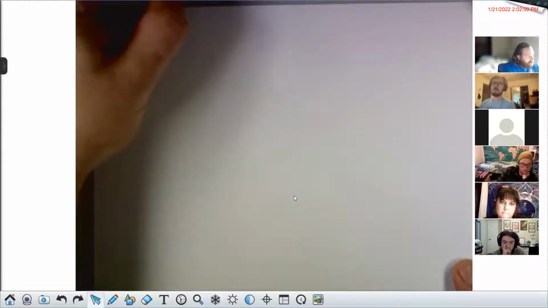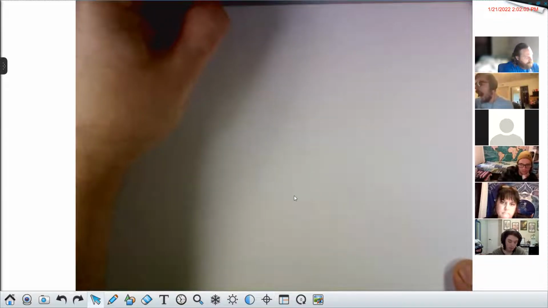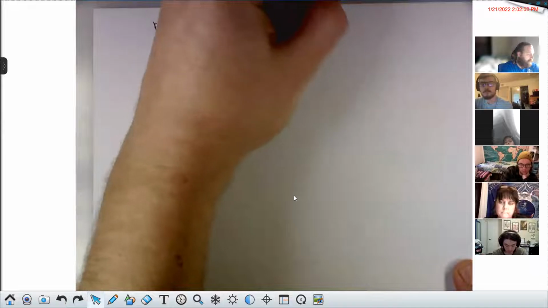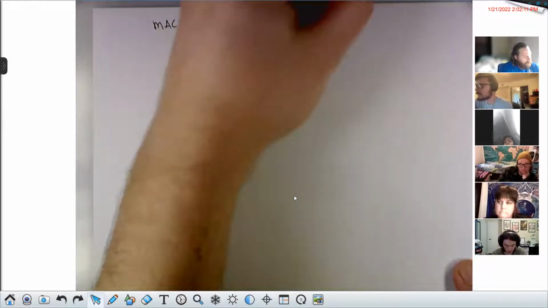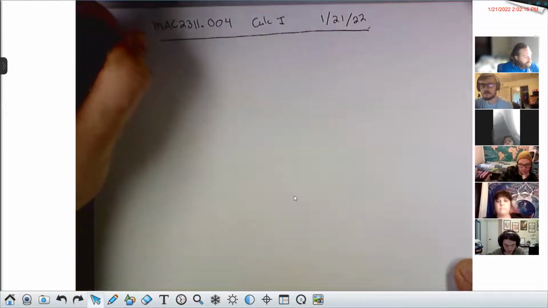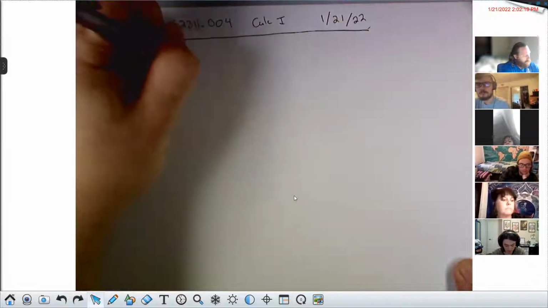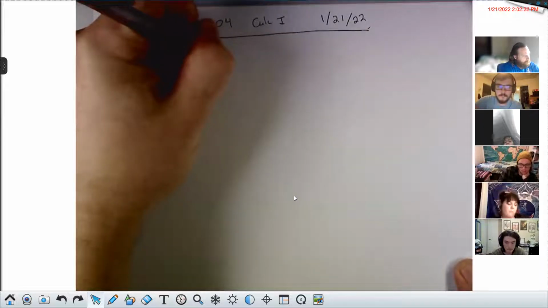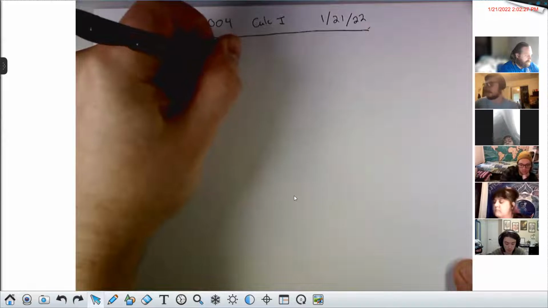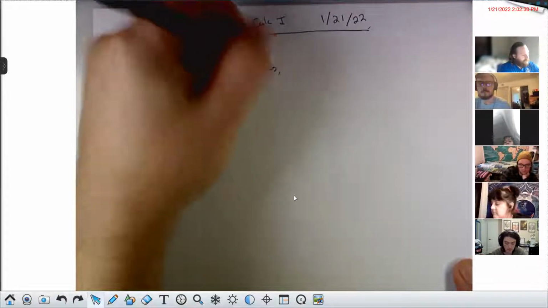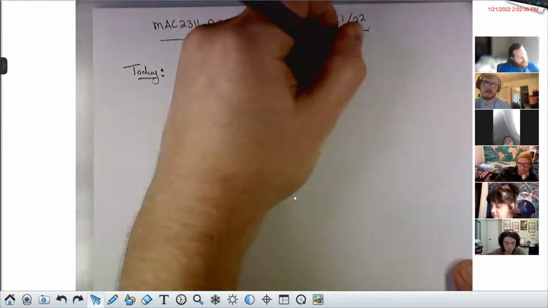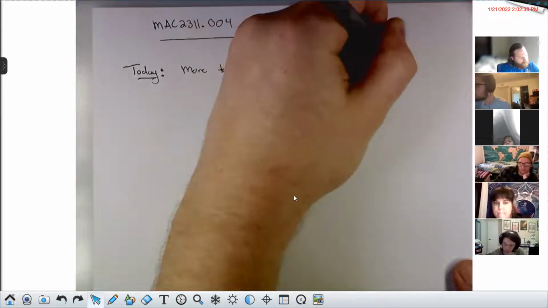This is MAC2311 section 004, which is Calc 1, and the date today is the 21st of January 2022. Today, we're going to do more tangent line calculations, and we're going to talk about rates of change, which is all section 2.7 stuff.